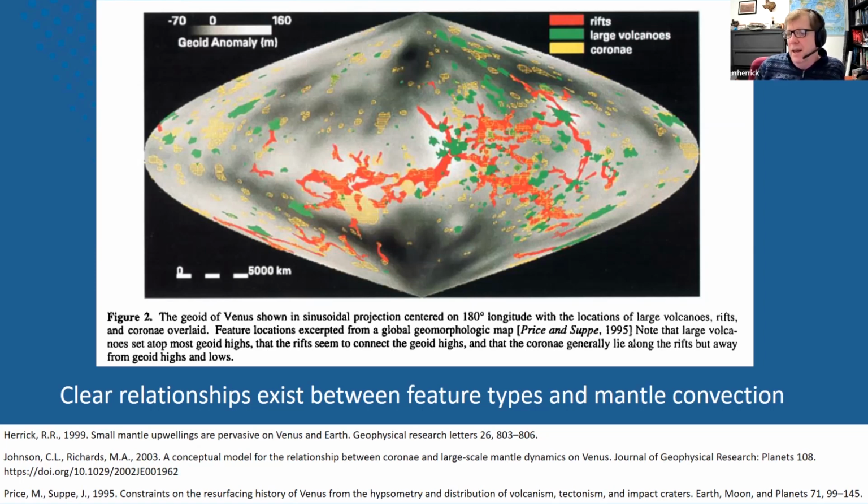And then the coronae tend to be along the rifts, but avoid the large geoid highs and the large geoid lows.